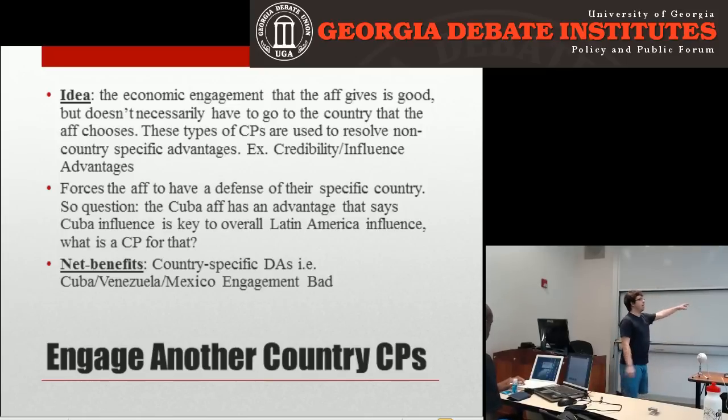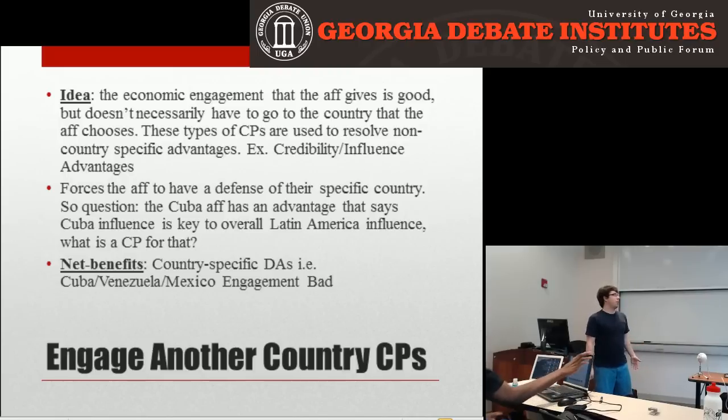And that's exactly what this is forcing the affirmative to defend, right? It sort of tries to show that you can engage and influence Latin America without going through Cuba, and there are other ways to resolve a lot of the advantages to just economic engagement, not the specifics of the affirmative, right?